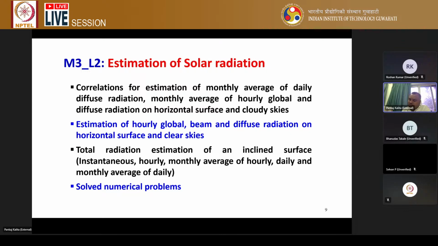Suppose one correlation is developed for say Hawaii in USA, the same correlation cannot be applied straightaway for a place like Guwahati. So we need to study the meteorological conditions and other aspects of particular locations for a long period of time. Then only we can come up with appropriate correlations. And that's how we have solved many problems to understand the importance of the meteorological conditions of particular locations.